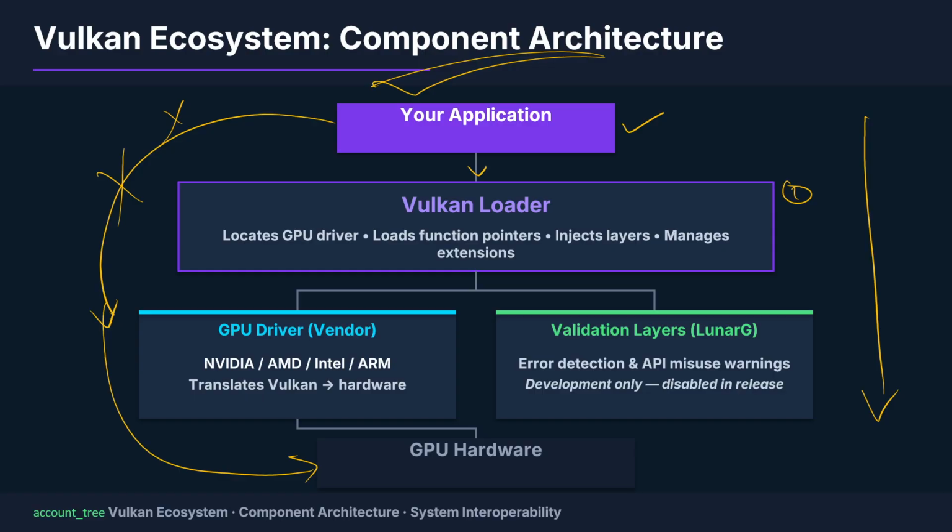Instead, it goes through something we call the Vulkan loader, an interface between your application and the GPU hardware. The responsibilities of the Vulkan loader are, first, to find the correct GPU driver, then to load functions in terms of function pointers.